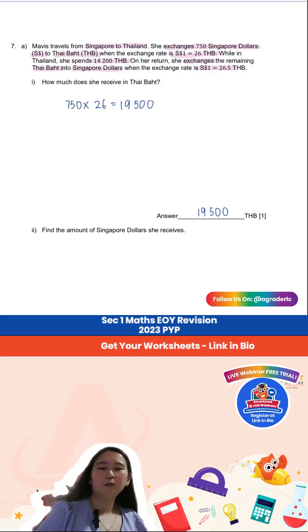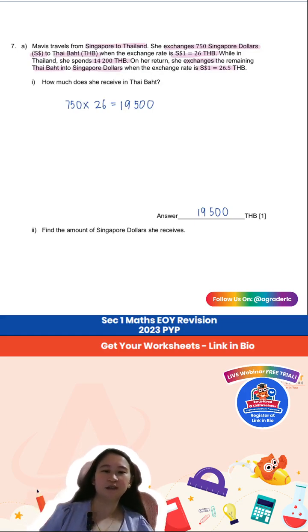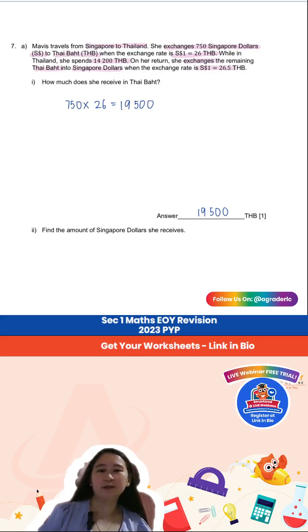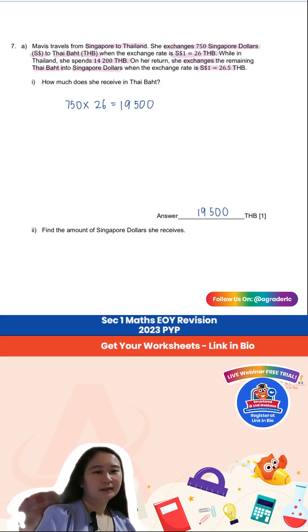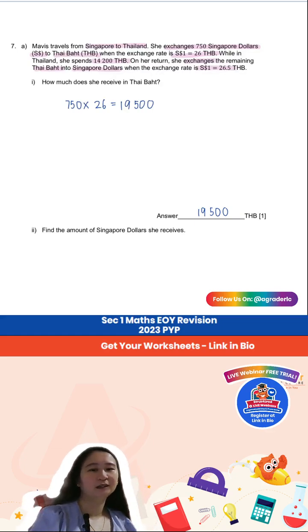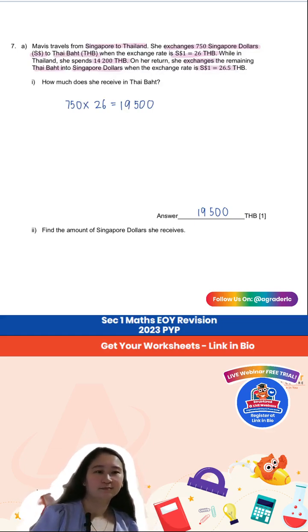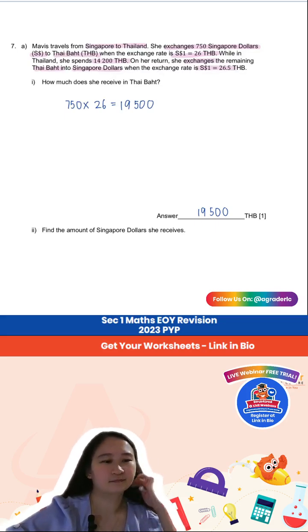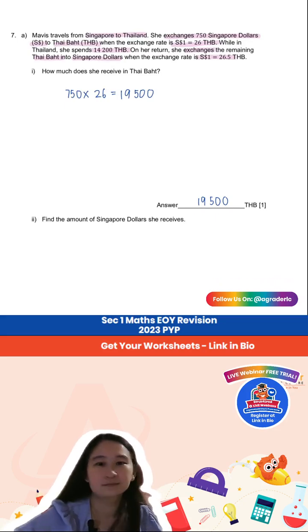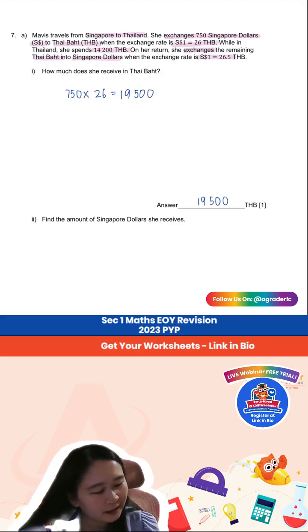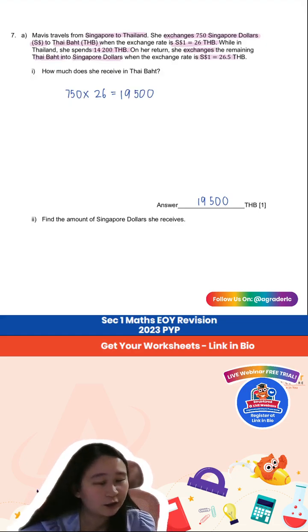Part 2 is find the amount of Singapore dollars she received. That's when she's back from Thailand, and when she changes back her Thai baht to Singapore dollars, whatever she's left with. Okay, so you have to first find how much she is left with in Thai baht after spending 14,200.